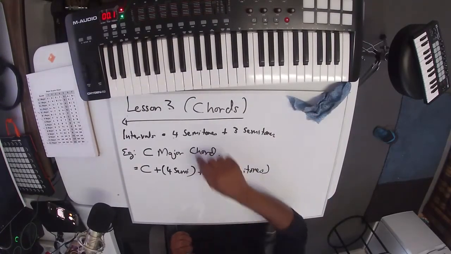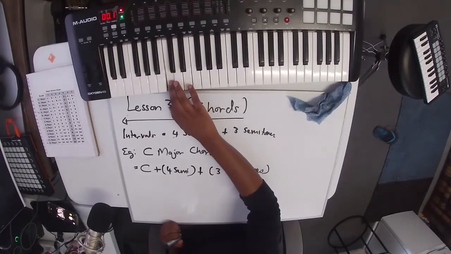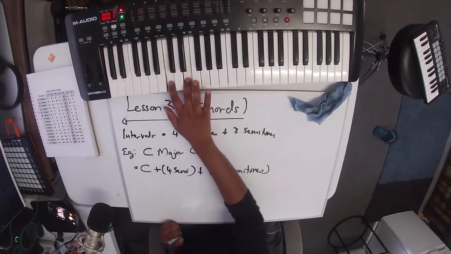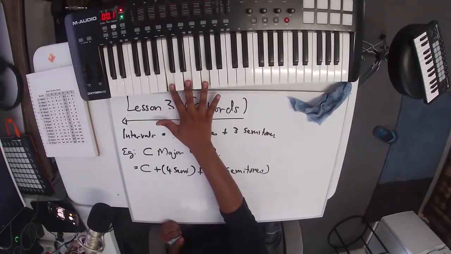So let's do that. C, then 4 semitones, 1 2 3 4, and then 3 semitones, 1 2 3. Then you've got your C major chord.